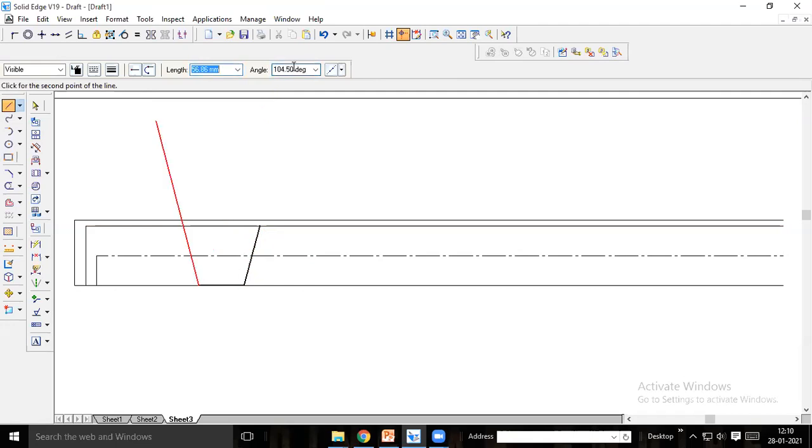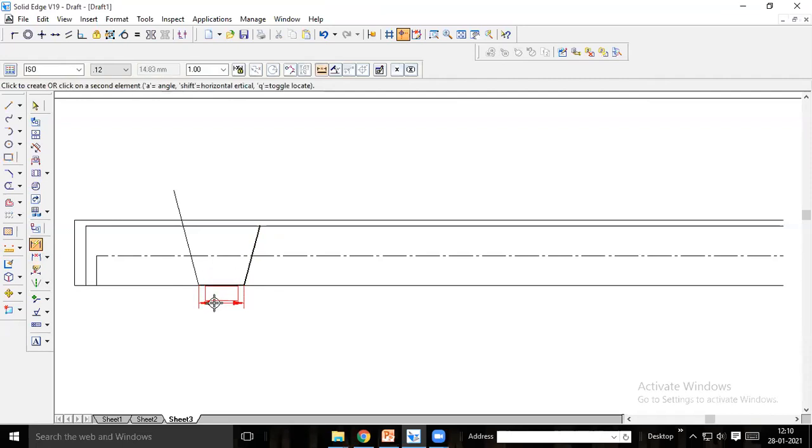To understand why I am taking 14.5: because the thread angle is 29 here, half of 29 is 14.5. This distance, whatever distance you take, is on the root line. So this is 0.25 P.